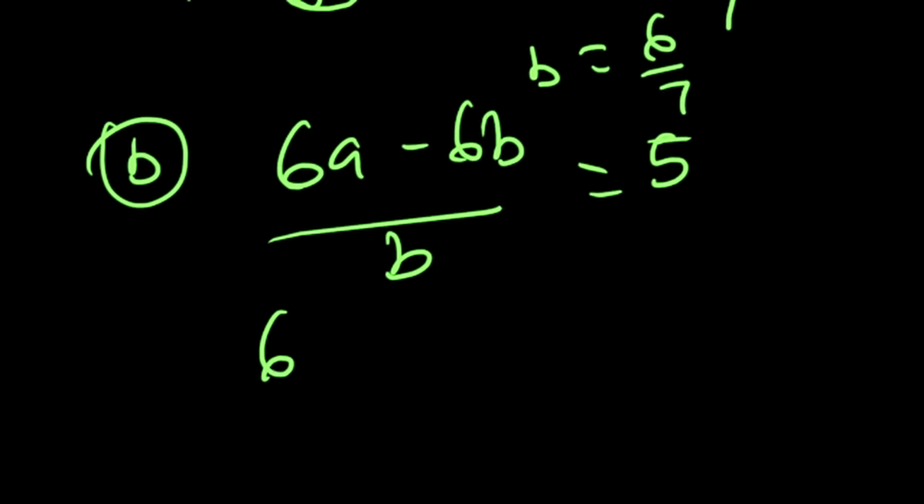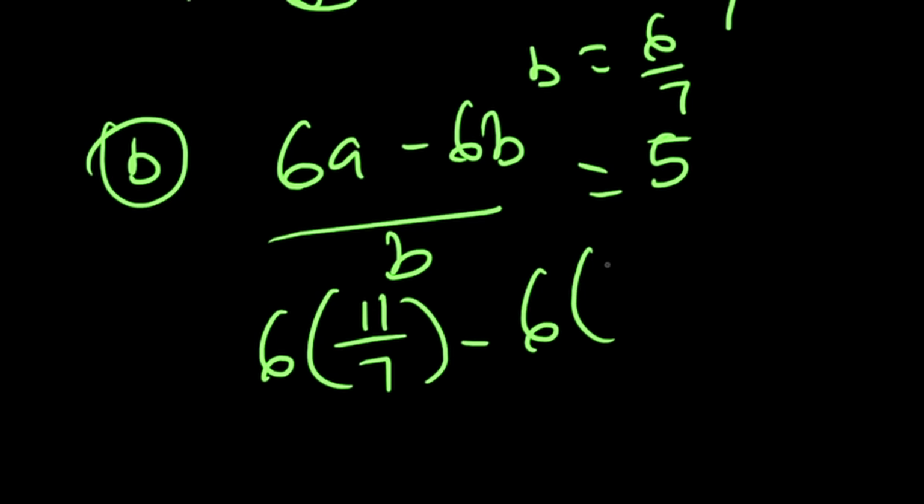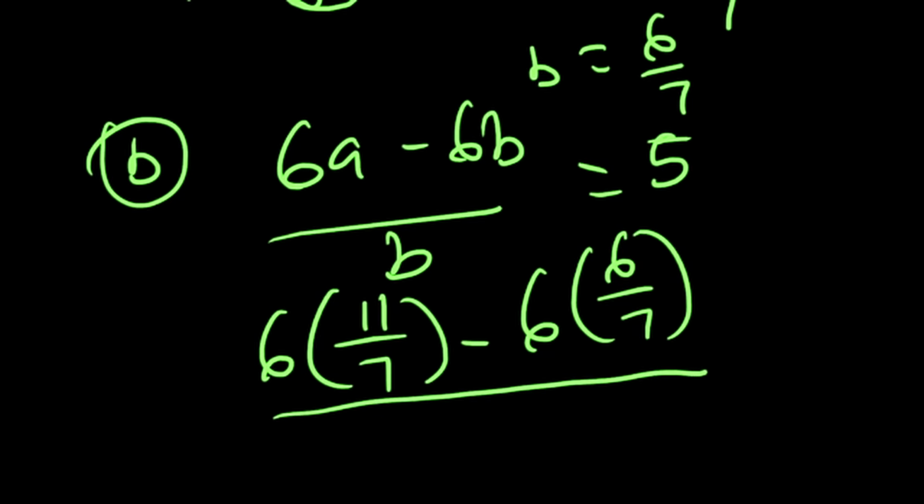Here we have 6 times our A, which is 11 over 7, minus our B, which is 6 over 7, and this is over our B again, which is 6 over 7. So let's see if this is going to equal 5.